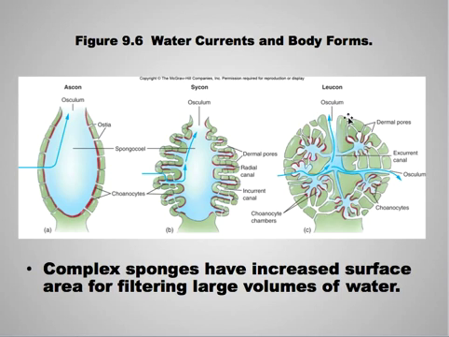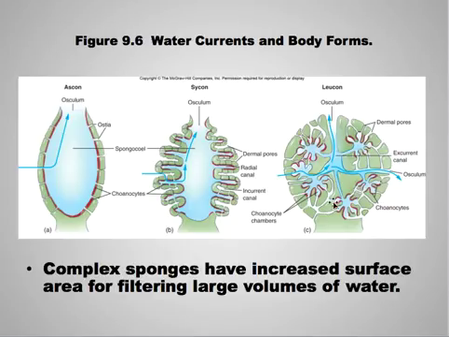Then we have the leuconoid form, in which case water is going to travel in and out. So there are multiple osculums, multiple pathways, multiple exit possibilities.